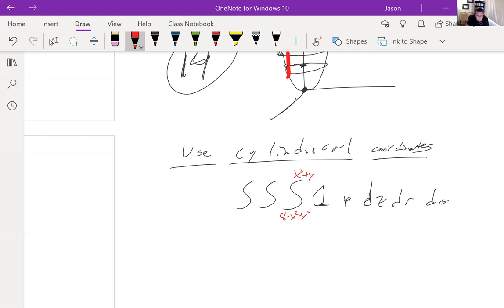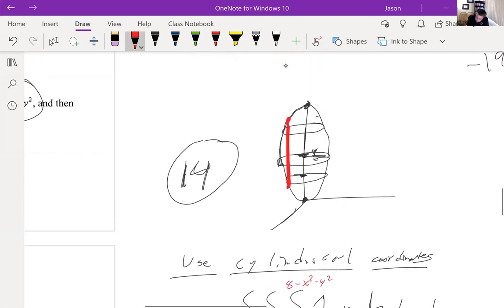No, wait, I did this wrong. The bottom function is x squared plus y squared. That's right. The top function is 8 minus x squared minus y squared. There we go. That's what happens when you don't label these things.